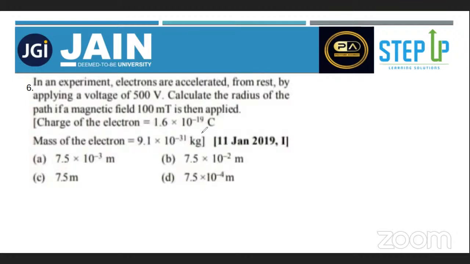Okay, see here. Again, they are telling you to find the radius of the path. We are using the formula from that time: radius is equal to mv by qB.